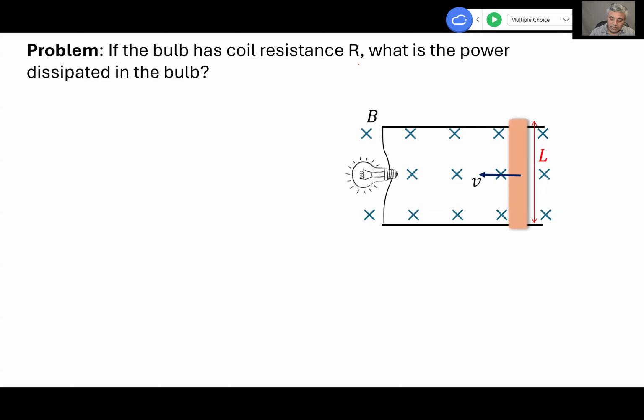So if the bulb has coil resistance R, what is the power dissipated in the bulb?